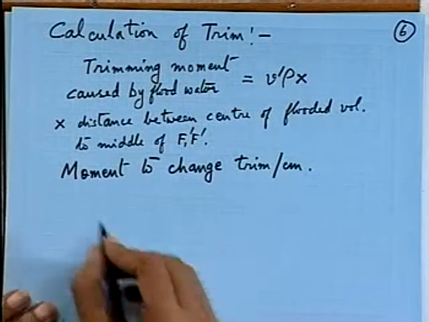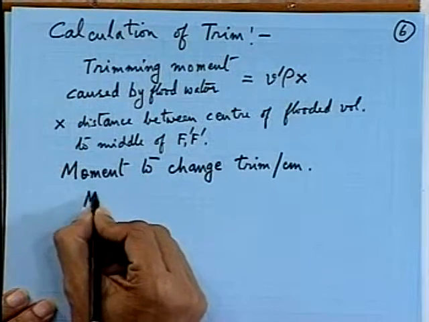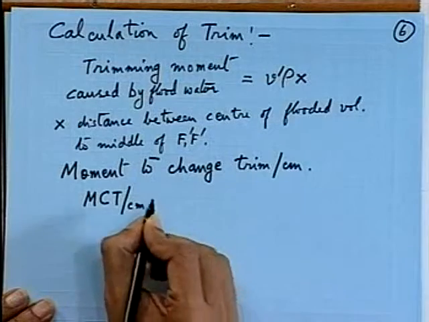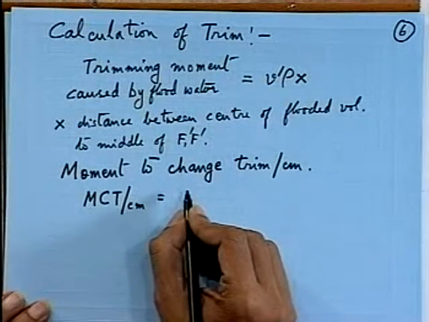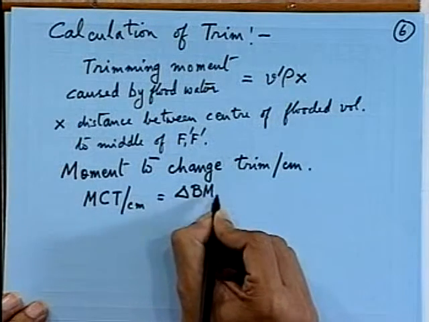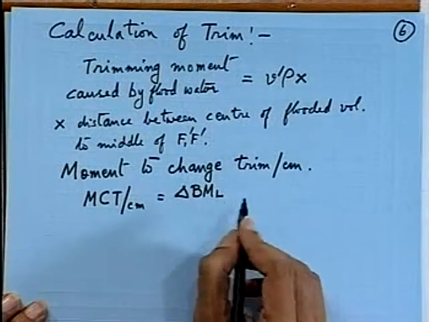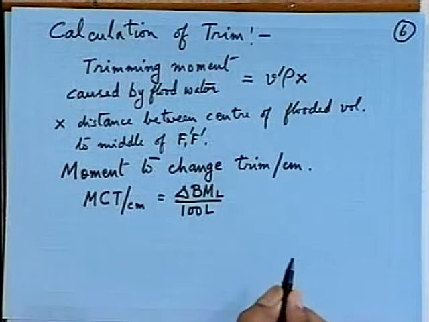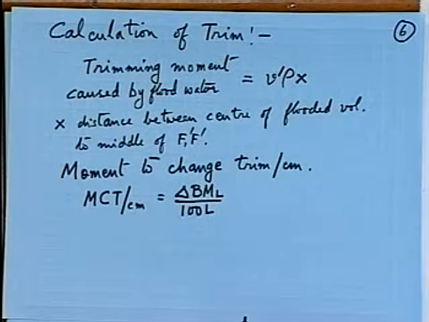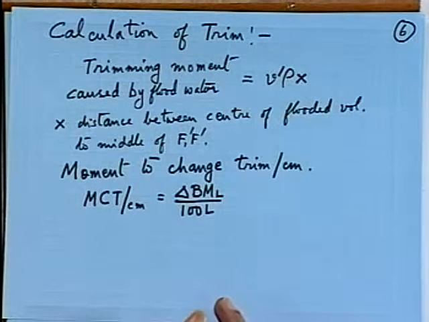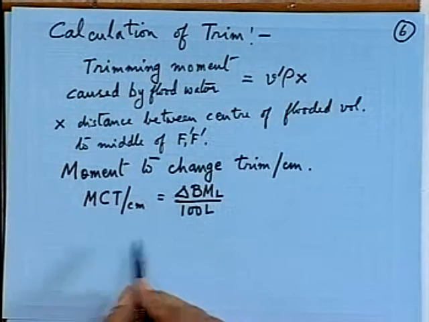Moment to change trim per centimeter, if one remembers the hydrostatic calculation which you have been taught, is given by a formula called displacement multiplied by BML, or sometimes instead of BML you can put GML, divided by 100 into L. That is the formula for moment to change trim, which is derived from the righting moment in the trimmed condition, that is displacement into GM theta.